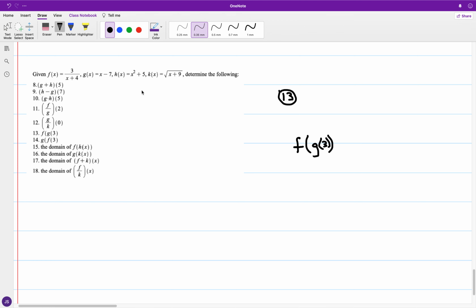Now, the output function I have is in line with f of x.